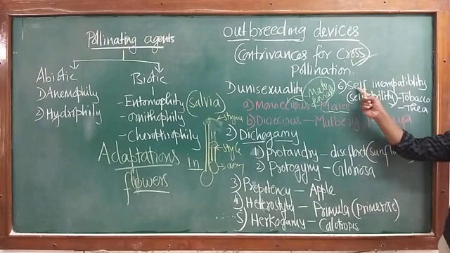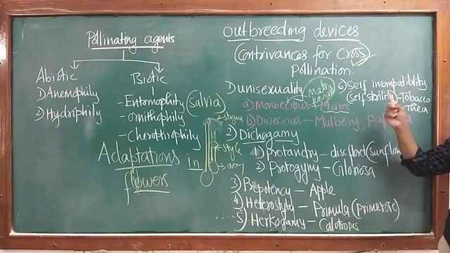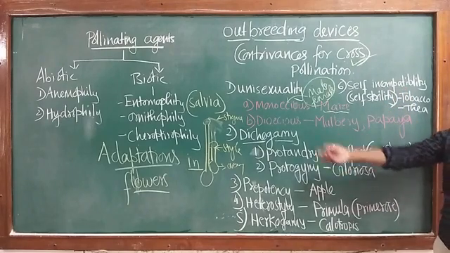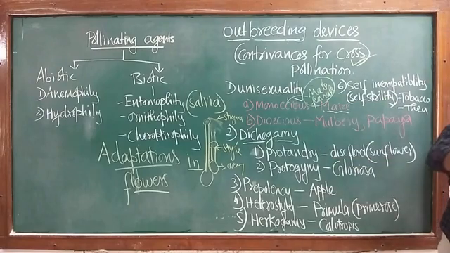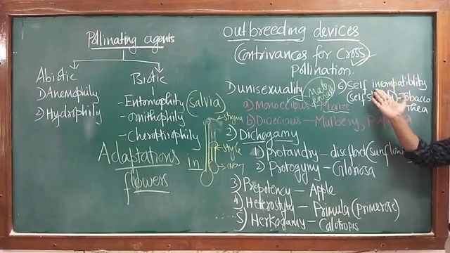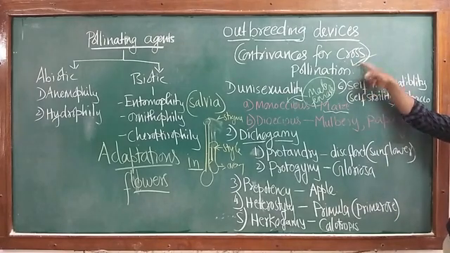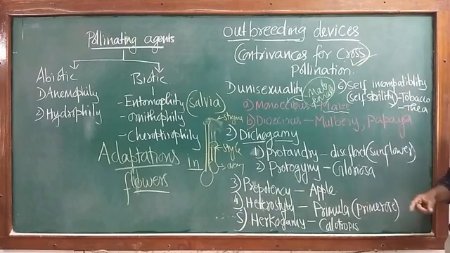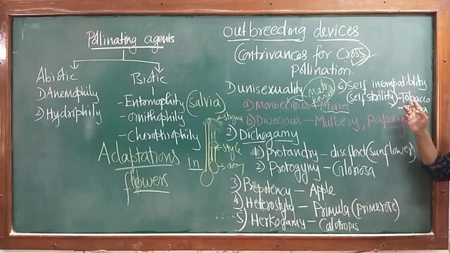This characteristic is called self-incompatibility or self-sterility. It means that the stigma has to be pollinated from another flower, from another plant. Hence, it is also an outbreeding device to achieve only and only cross-pollination and to avoid self-pollination. Examples are tobacco, etc.